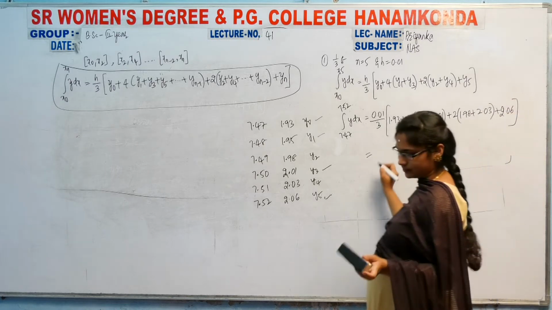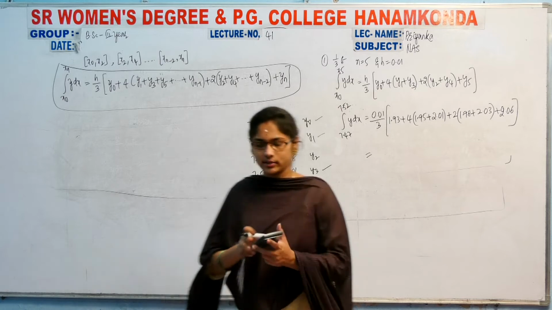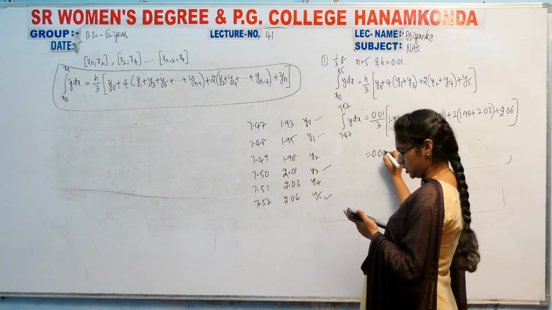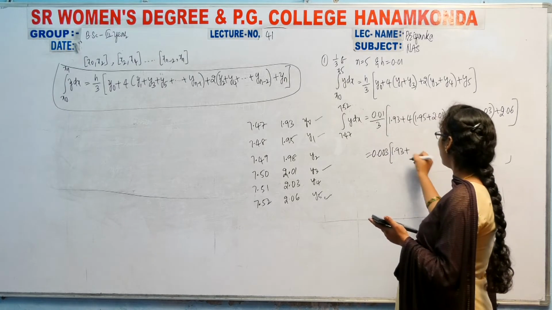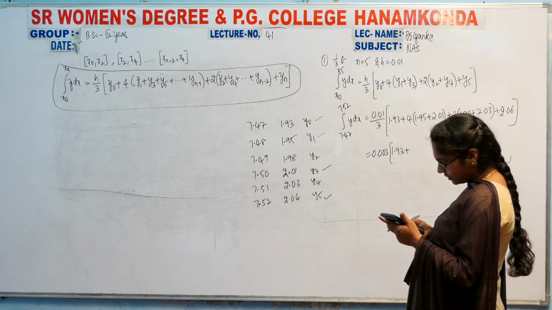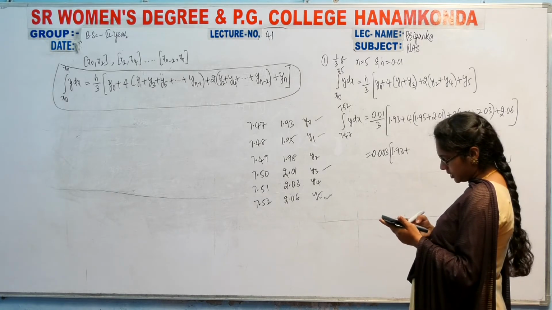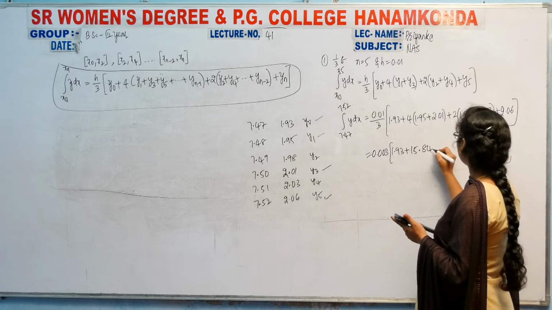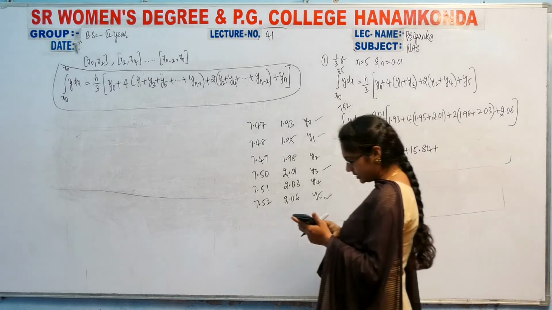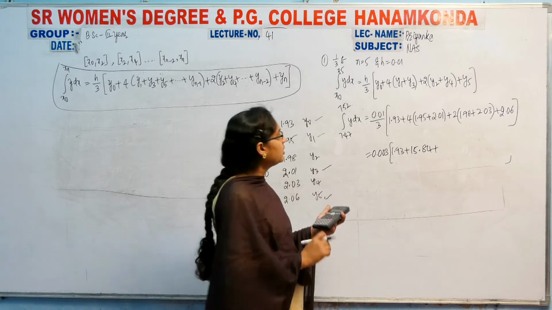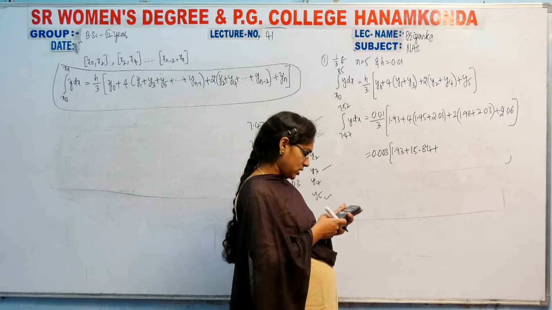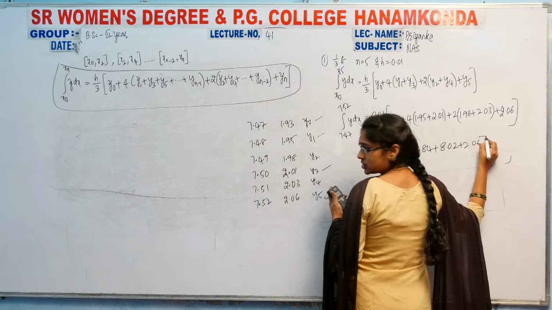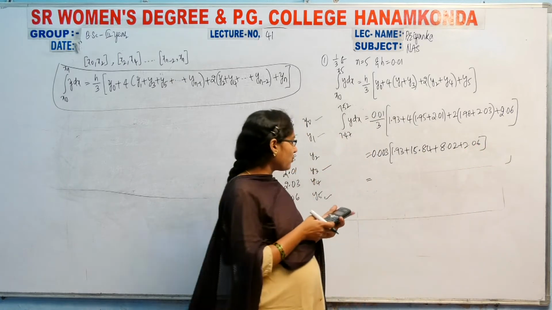Now calculate it. 0.01 divided by 3, that is 0.003, of 1.93 plus take the sum and into 4: 1.95 plus 2.01 equals, and into 4, is 15.84, plus again 1.98 plus 2.03 into 2 is 8.02, plus 2.06. Okay, now take the addition of all this.